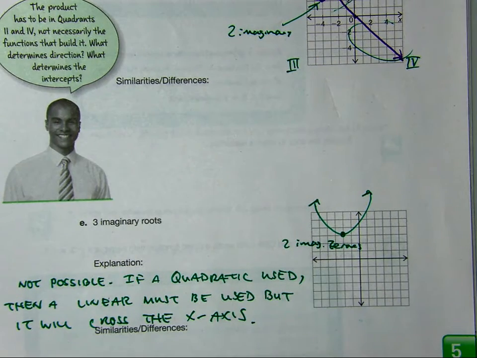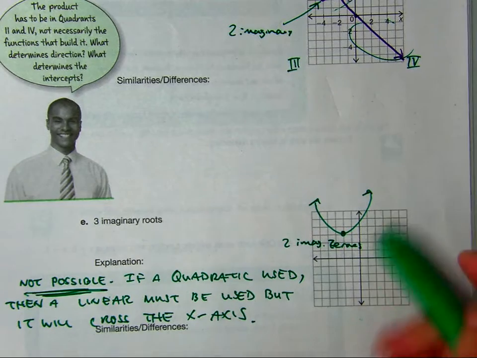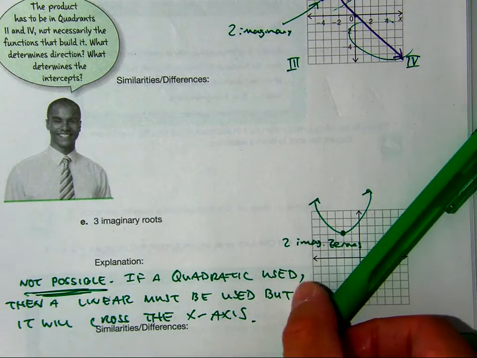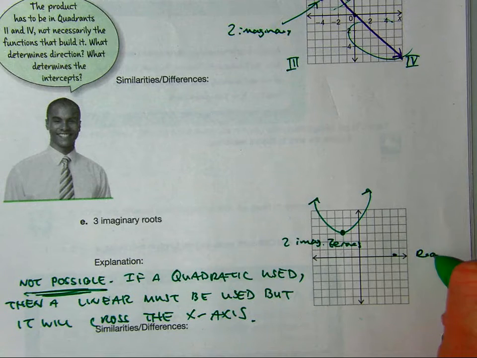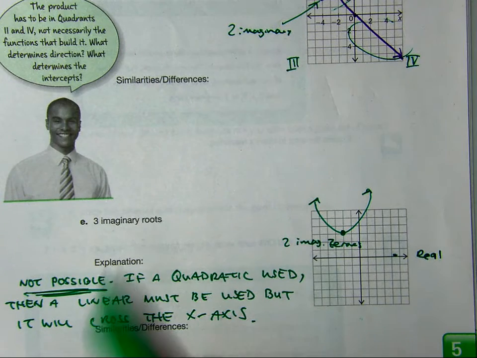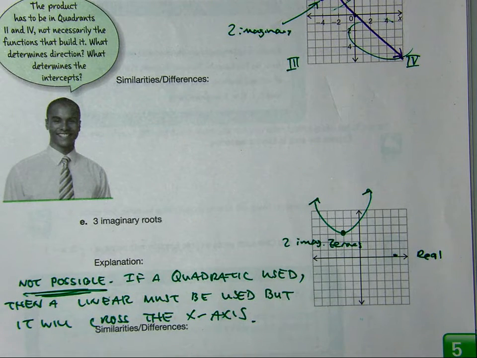And that's why it's not possible. Because if you draw a line, like my pen, it's going to cross it. And if it crosses the x-axis, that's called a real zero. But we're looking for 3 imaginary zeros.